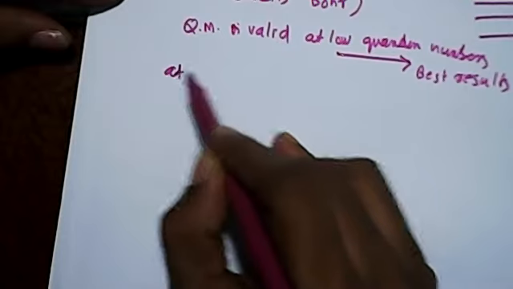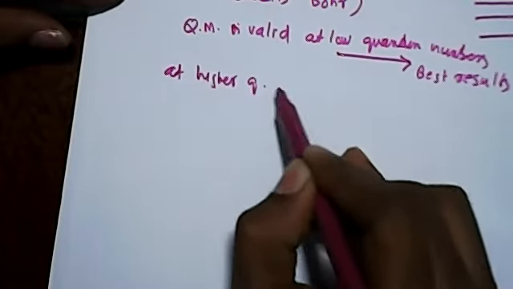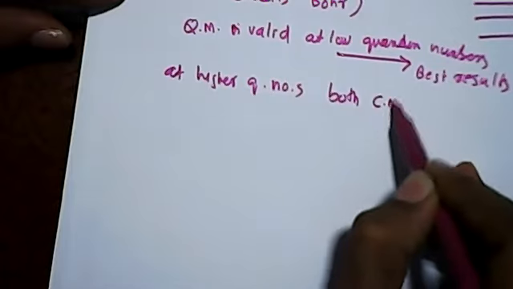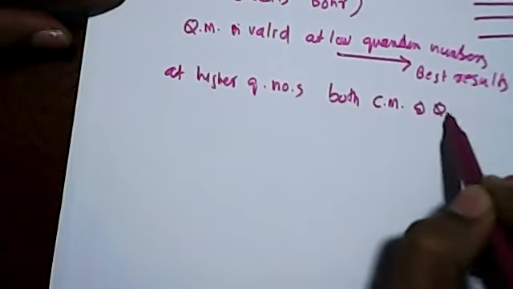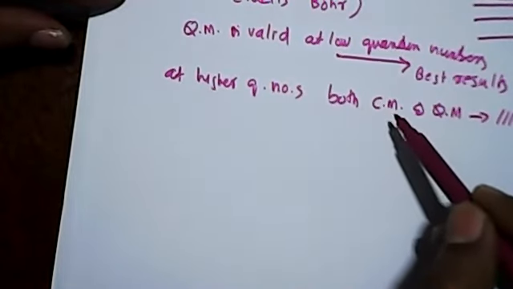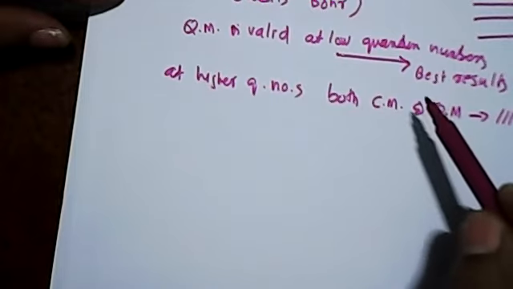So at higher quantum numbers, both classical mechanics and quantum mechanics give similar results. Nothing is wrong with classical mechanics when you consider the higher value of quantum numbers.